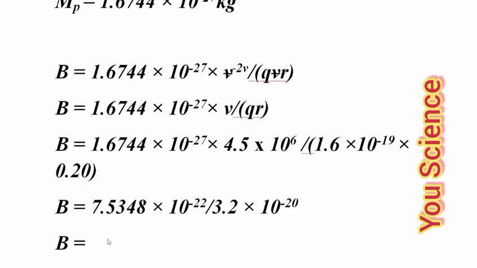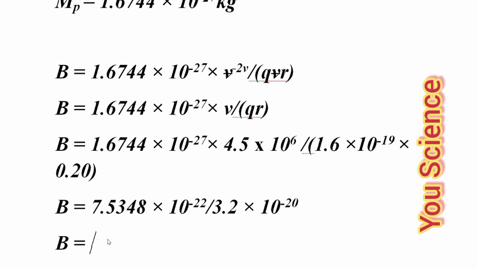Hence, B equals 7.5348 divided by 3.2 times 10 raised to the power minus 20.